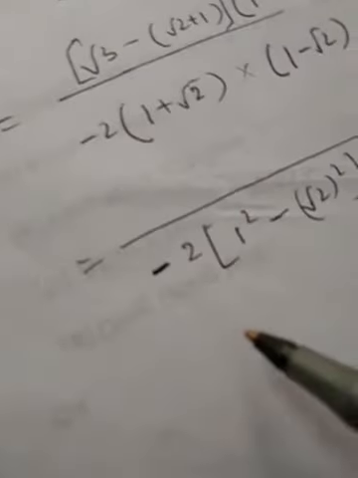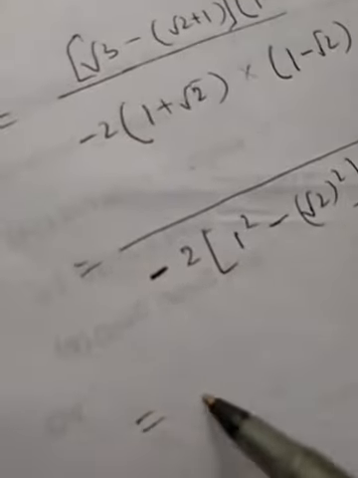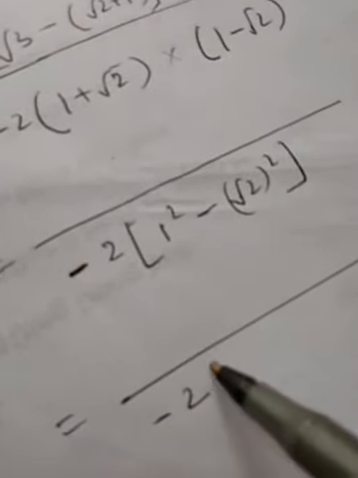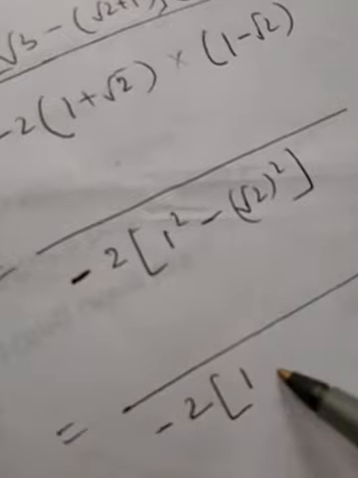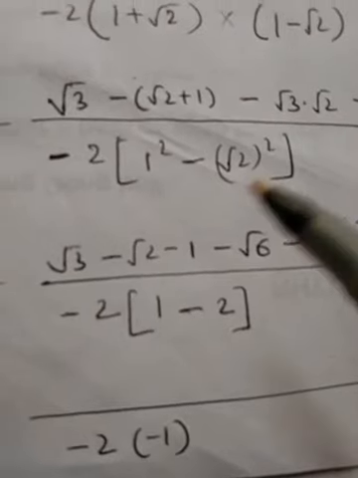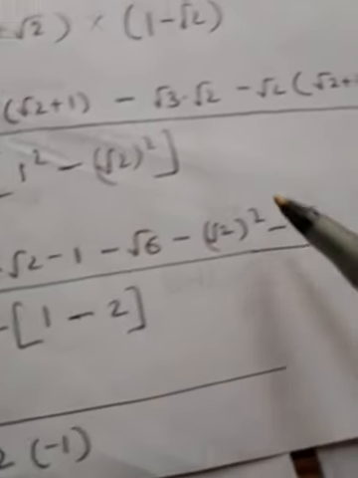Then first let us see the denominator part. So this will become minus 2, and here 1 minus 2, and now in the denominator, so here we have done the simplification.